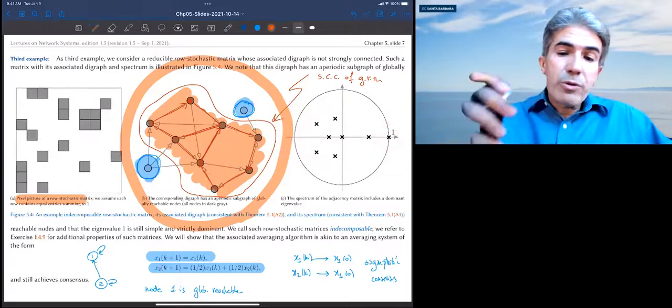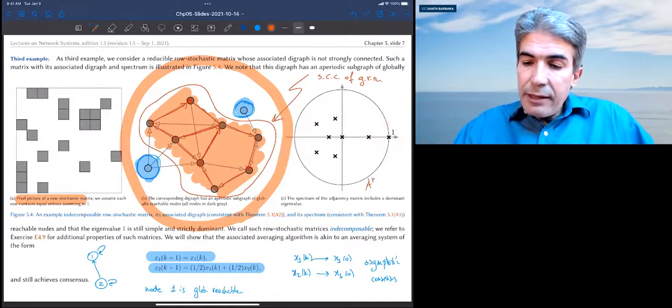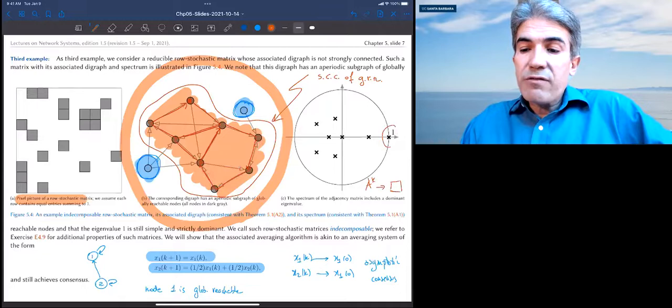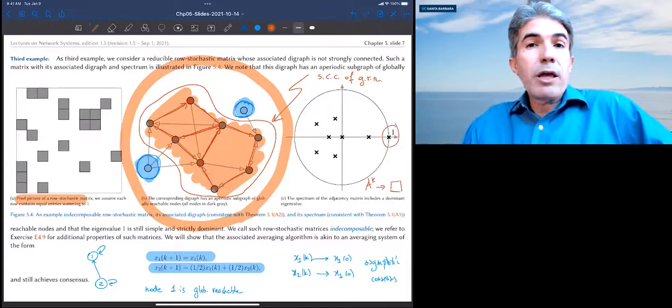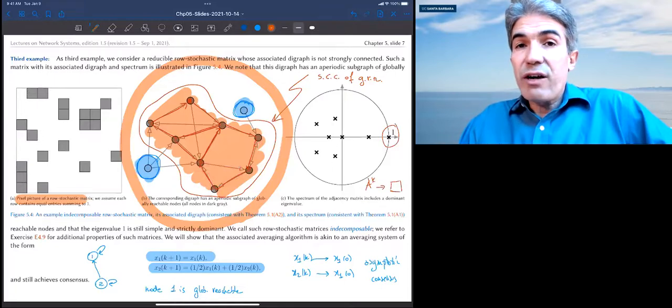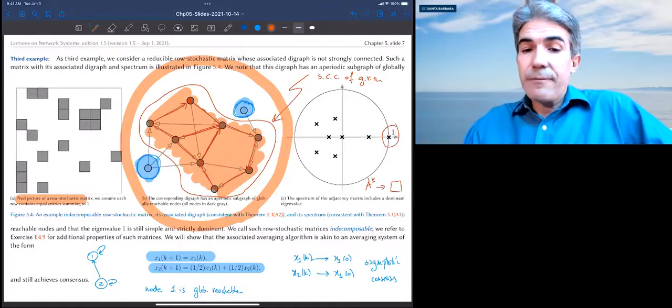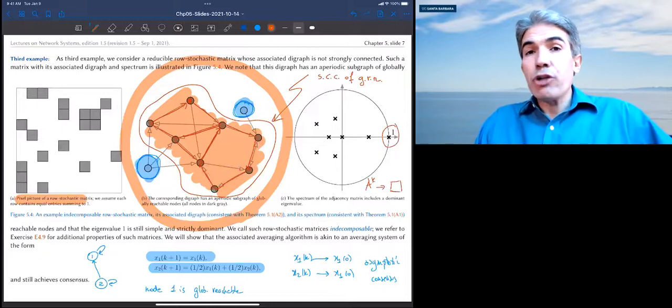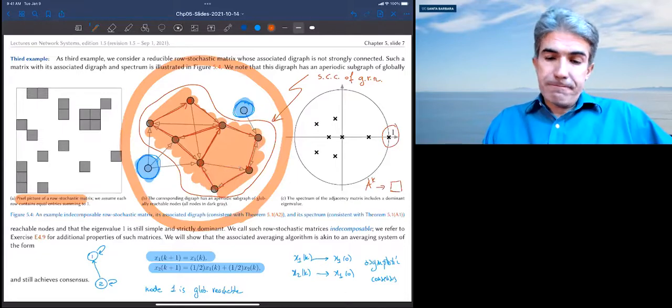The property is that A^k will converge to something, I don't know yet what that is, and that property holds whenever the eigenvalue 1 is semi-simple and all the other eigenvalues are strictly inside the unit disk, and this is satisfied here. Perfect. And this is not a strongly connected matrix.